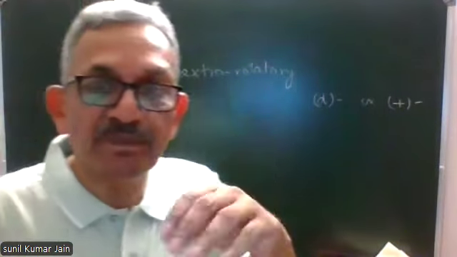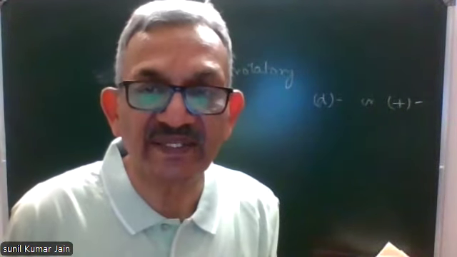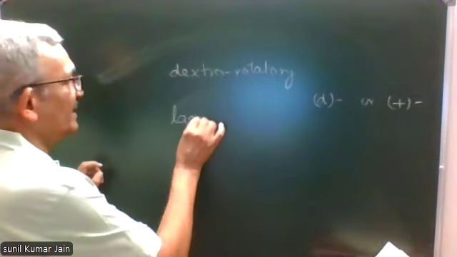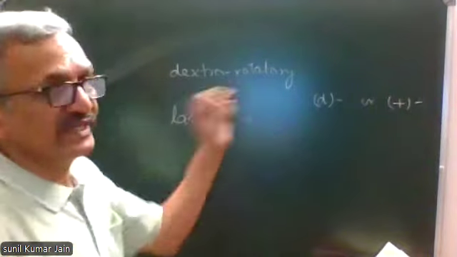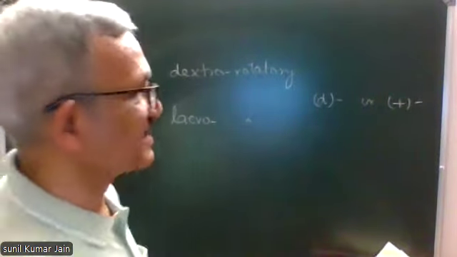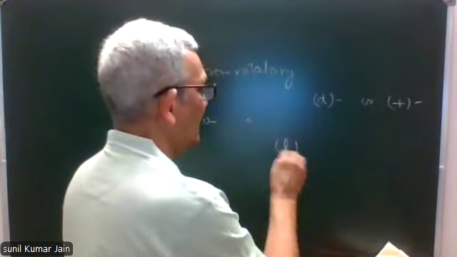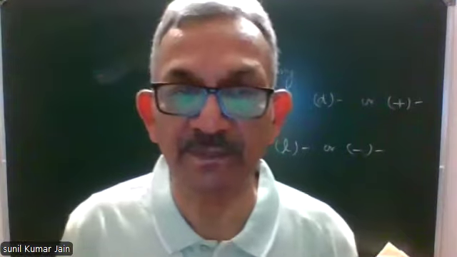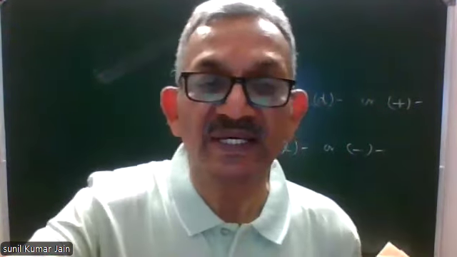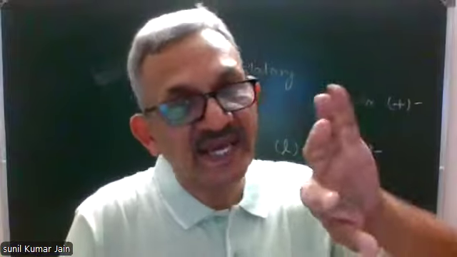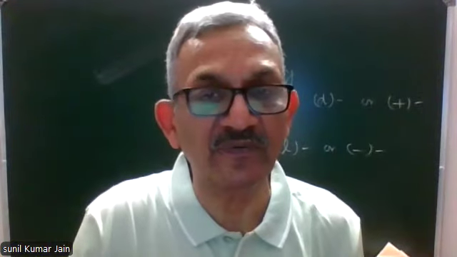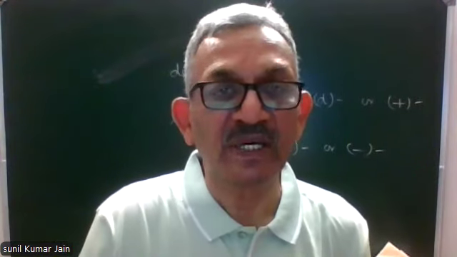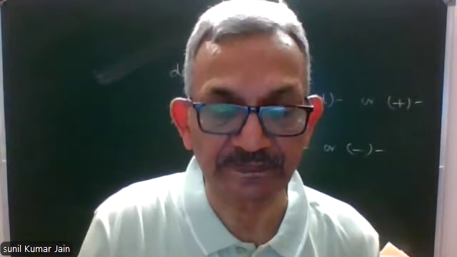Similarly, if the plane of PPL is rotated towards the left hand side, that is anticlockwise, then this is called levorotatory, and this is represented by using the prefix l or minus before the name of the organic compound. And as I told you, the instrument used to measure the angle of rotation of the plane of PPL by any compound is called a polarimeter.